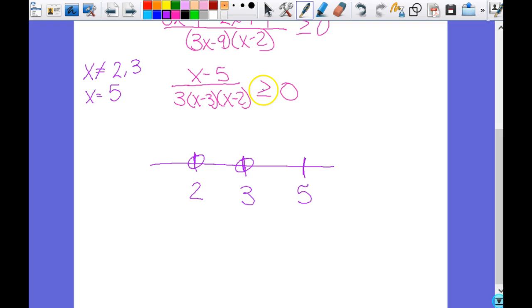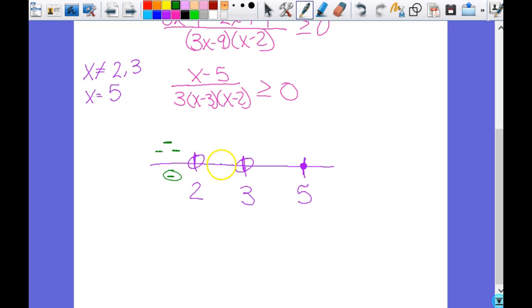Closed because of this right here. Yes? Everybody good? Okay, so now I go back and look at signs. I'm starting here at 2, so I can use 0. 0 is nice. I get negative. This one right here, that sign doesn't affect the sign at all. So negative, negative, negative. Overall, that is negative.